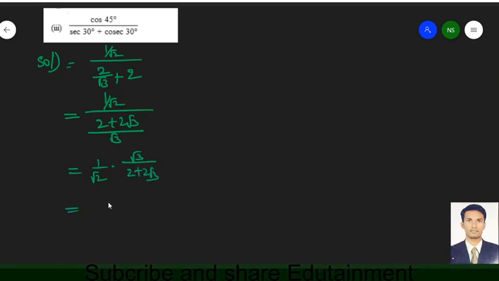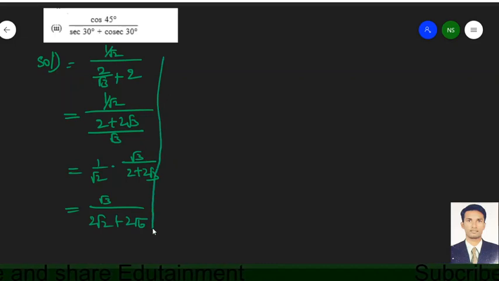Now let us multiply: root 3 divided by 2 root 2 plus 2 root 6. In the denominator we should not leave any irrational number, so we can rationalize the denominator now. So we have root 3 divided by 2 root 2 plus 2 root 6.